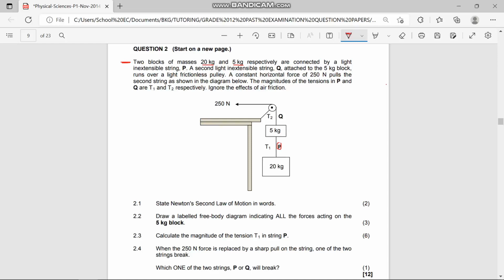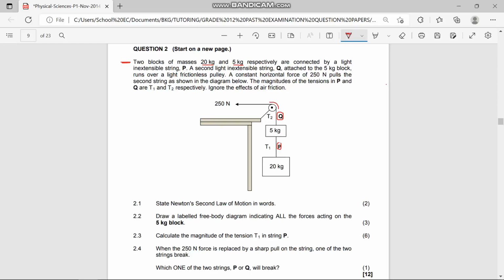A second light inextensible string Q, our string 2, attached to the 5 kg block runs over a light frictionless pulley. It runs through here, as you can see.